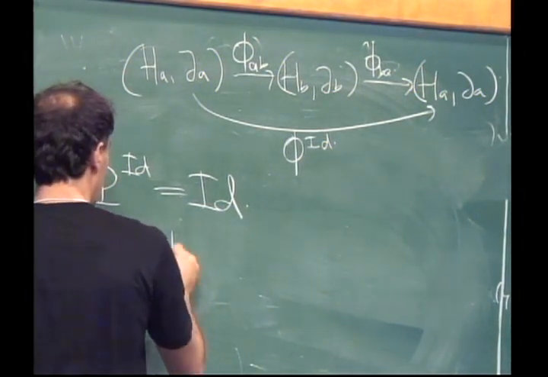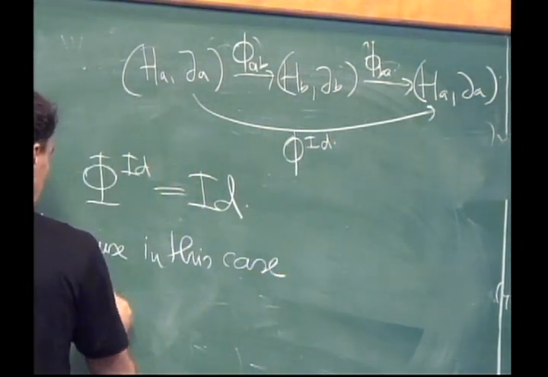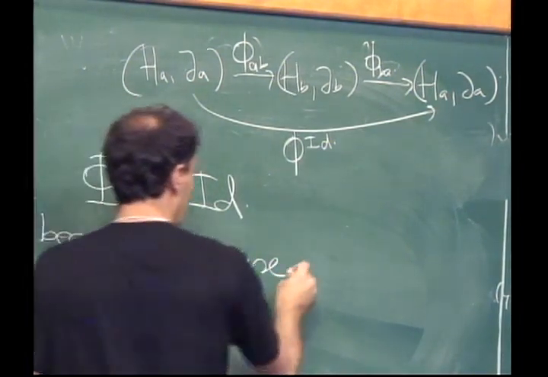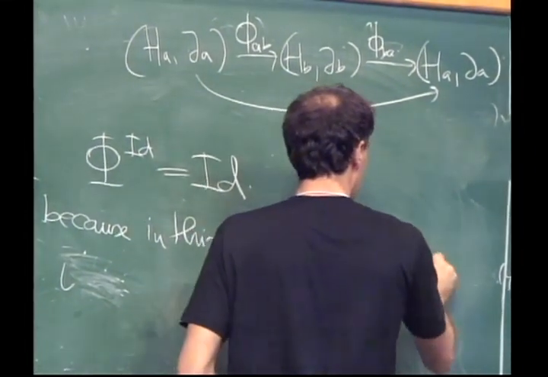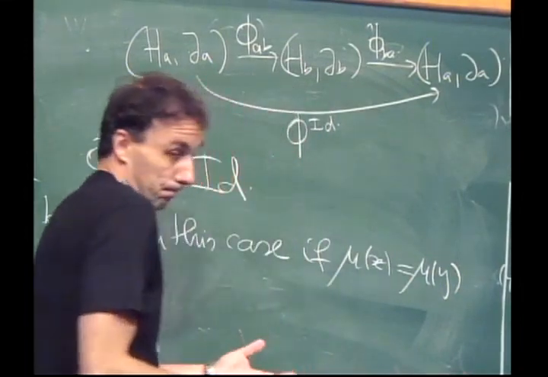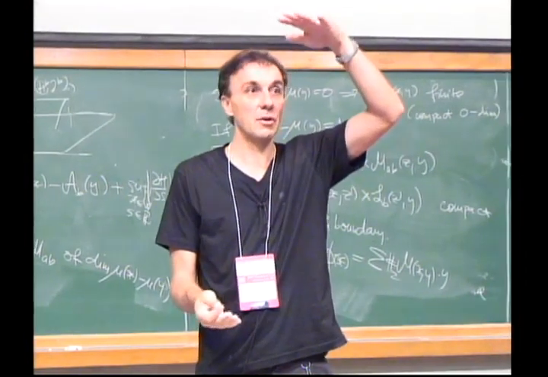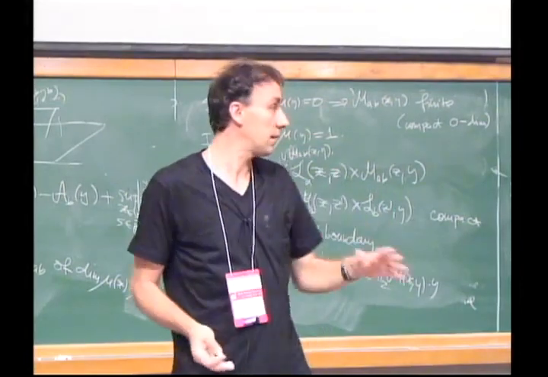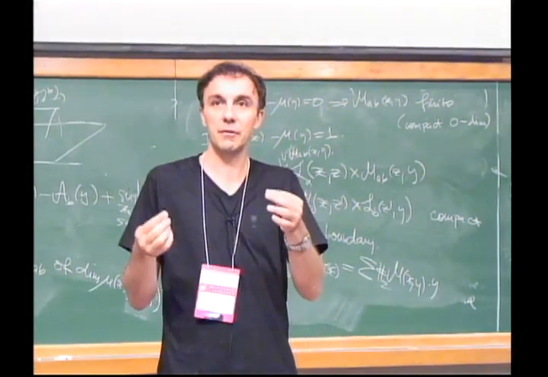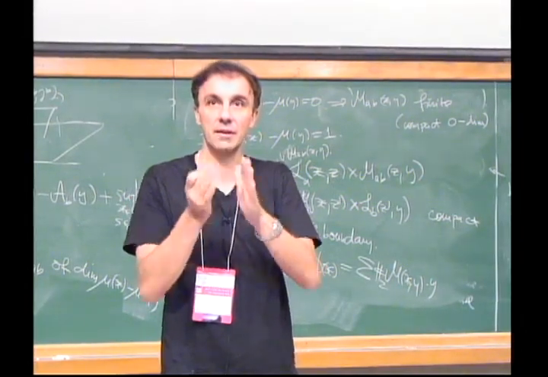For a simple reason, because in this case, M(x,y), if the indices are the same, in an unparameterized case, because of the R action, you cannot have trajectories between x and y, except for the case when x is equal to y. And then your trajectory is the constant trajectory.